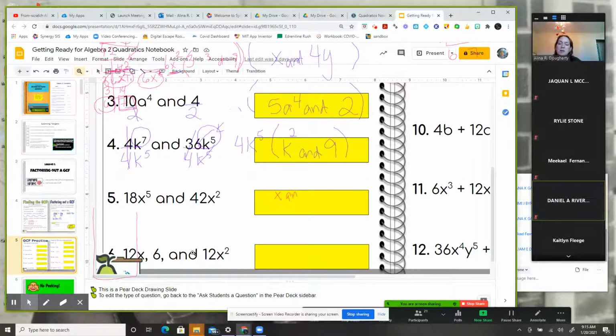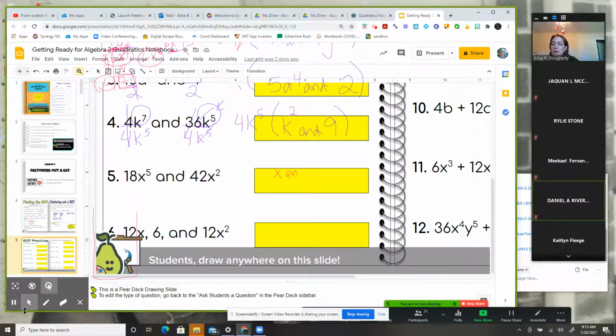So let me increase this a little bit. Underneath here is just 12x. So 12x, 6, and 12x squared. What can I divide all of those by? What's the greatest common factor? 6, absolutely. There's no x in that second term, so we can only use the 6.